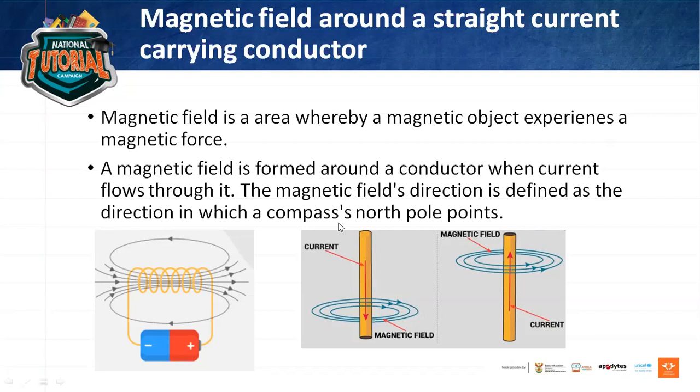Okay, so if you check here, this would be your current carrying conductor, and this will be the direction of your magnetic field. Okay, so it will always be around the current carrying conductor. So you see it goes in different ways according to the direction of your current flow, but we're going to talk more about that as we go on in the lesson.